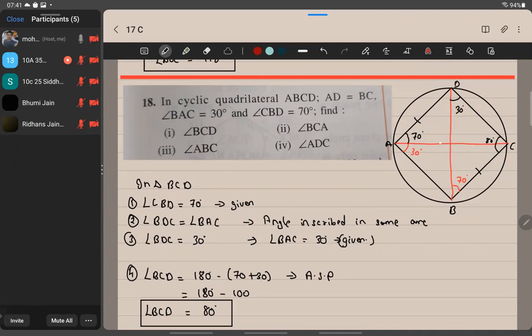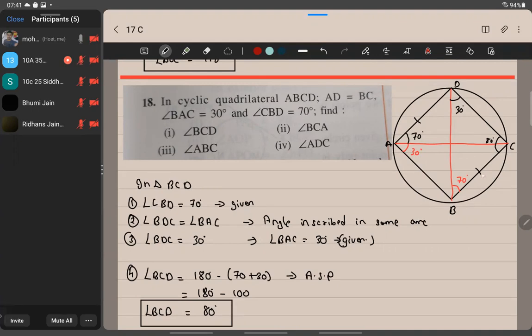Anyone? Can you suggest any idea to find this angle? This is 70. This is how much? Don't know. This is a cyclic quadrilateral, so opposite angles are 180.